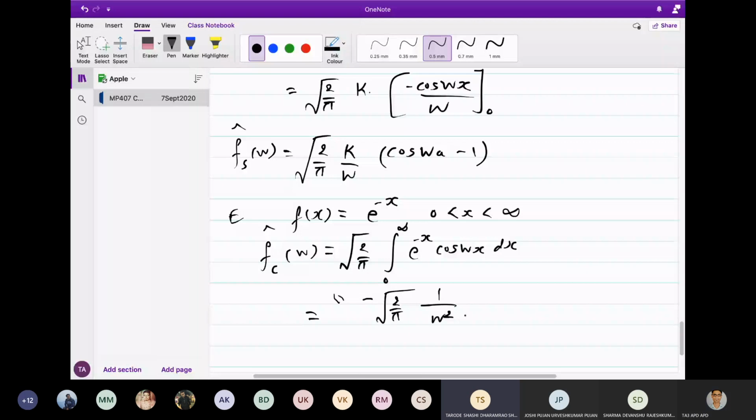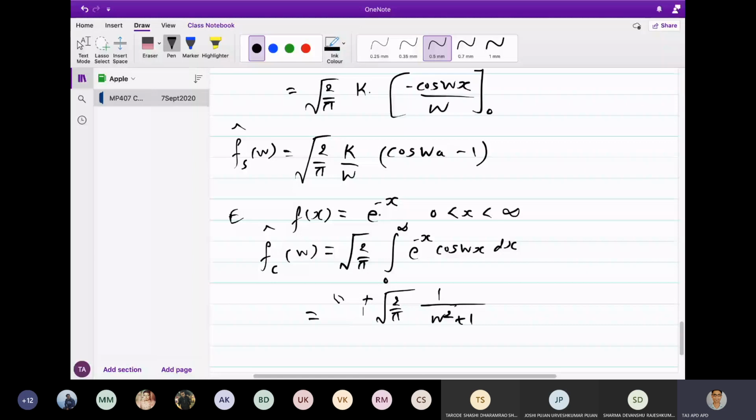Everybody is getting this answer, I hope. It should not be a minus sign. Just verify whether you have a minus sign. No minus sign, sir, plus sign. Okay, plus sign. So I think the majority should be getting an answer like this: the Fourier cosine transform of e to the power minus x.